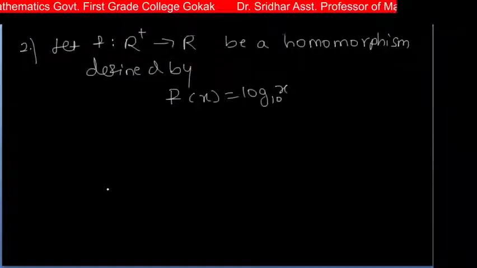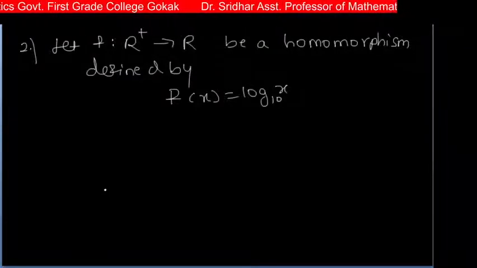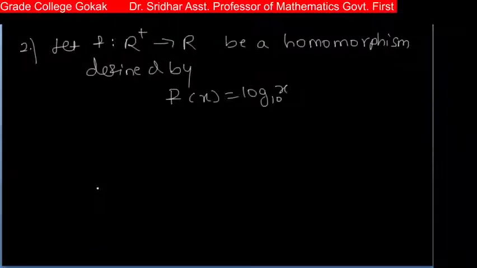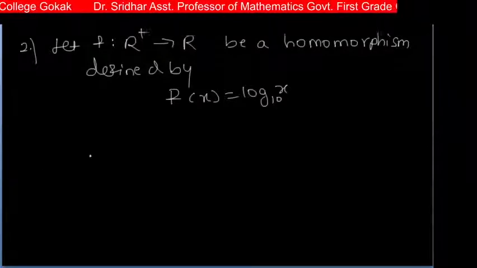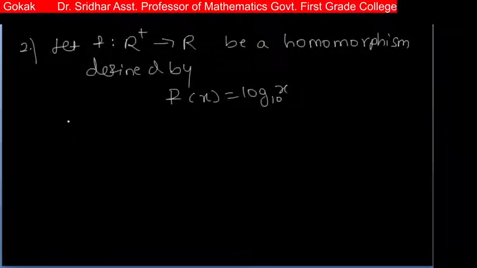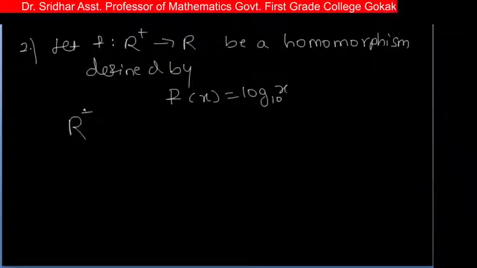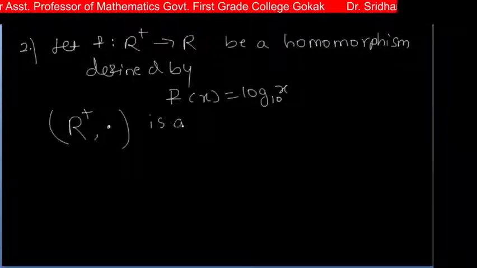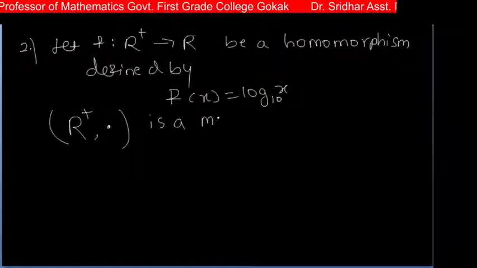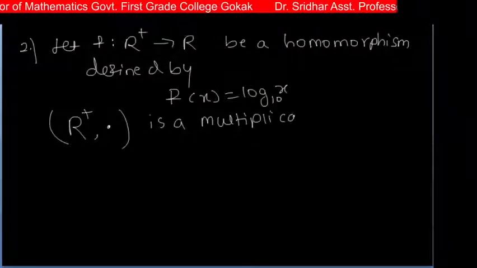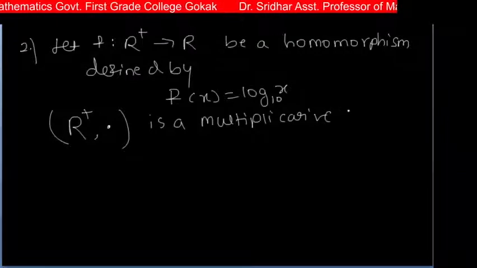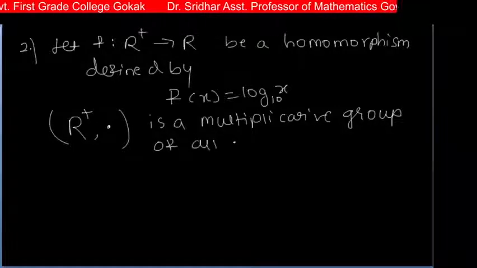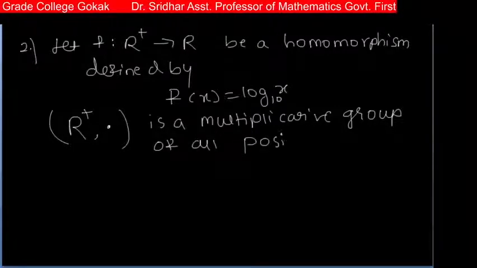Now here this R plus, dot is a multiplicative group of all positive real numbers.